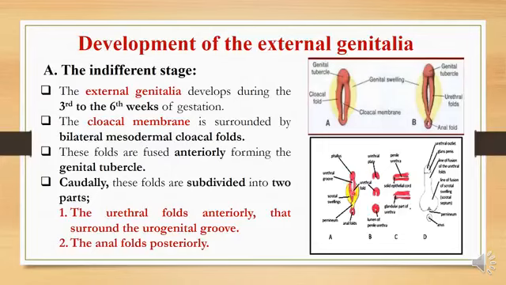Caudally, these folds are subdivided into two parts. The urethral fold anteriorly that surrounds a urogenital groove. Second, the anal fold posteriorly.